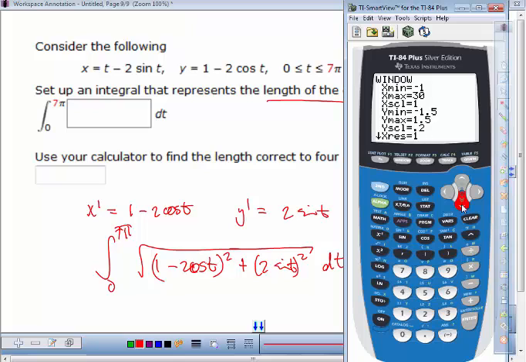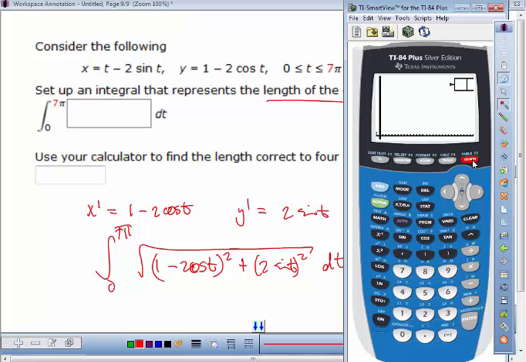I don't really care about the maximum, but I'll make it 30 also. I don't know if we necessarily need to graph this, and it looks like I didn't really need to go that high.